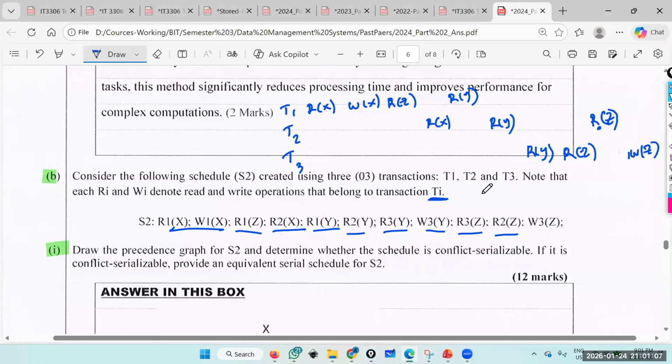Okay, now it's much easier. It's brain friendly. Visualization is easy. Right, so now let's see. This is same transaction. This is new data. This is write read. You can see read read is okay, but there's a write read. Right, T1 to T2.